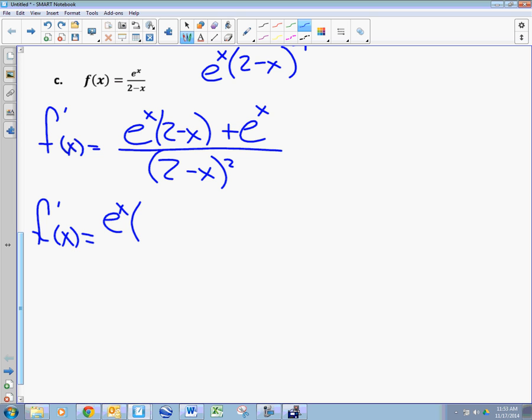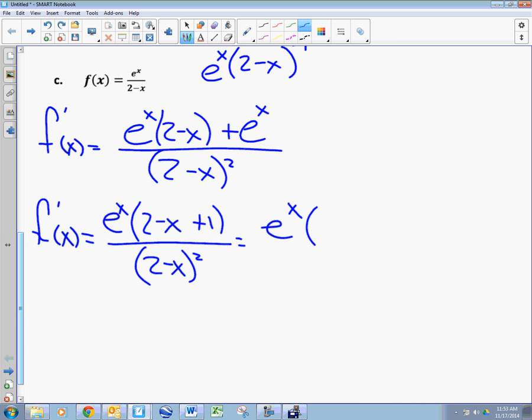Take out an e to the x, and you're left with 2 minus x plus 1, which is e to the x times 3 minus x.